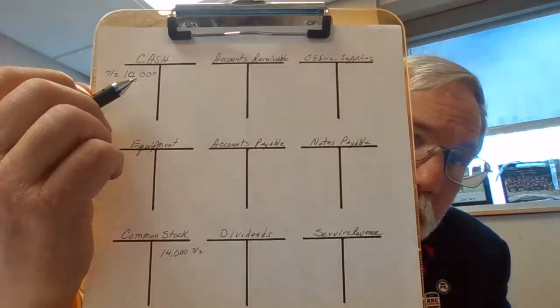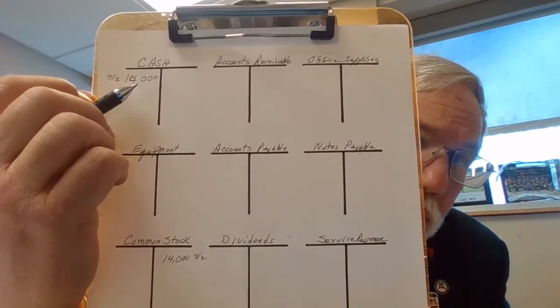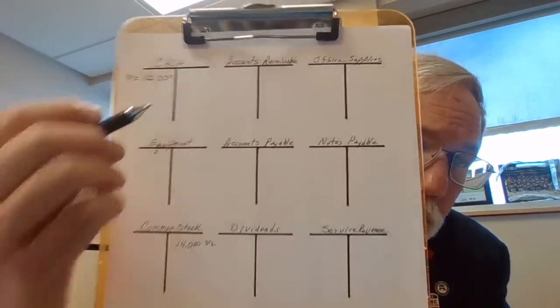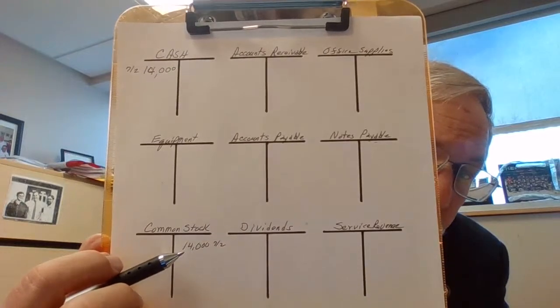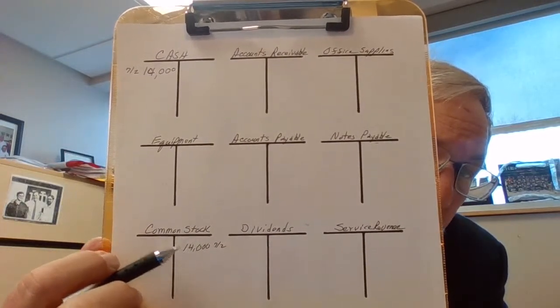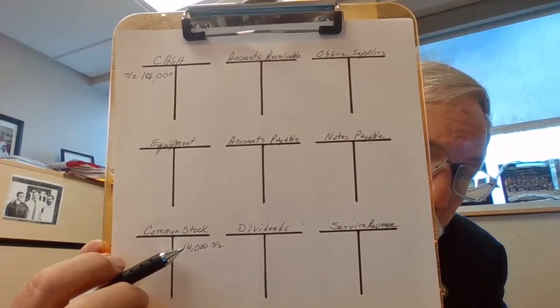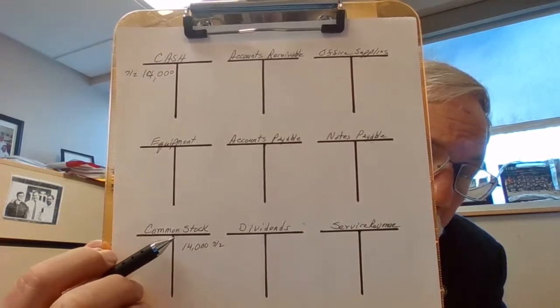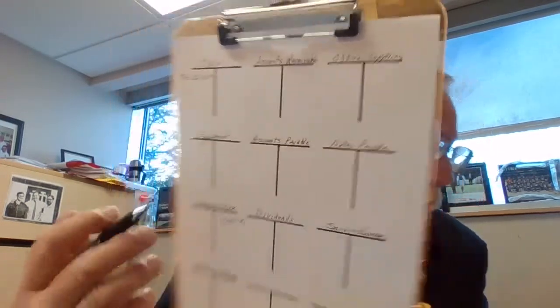The journal had a debit to cash, so it comes over to the ledger as a debit to cash. The general journal entry credited common stock for $14,000, so that gets posted as a credit to the account in the general ledger called common stock.